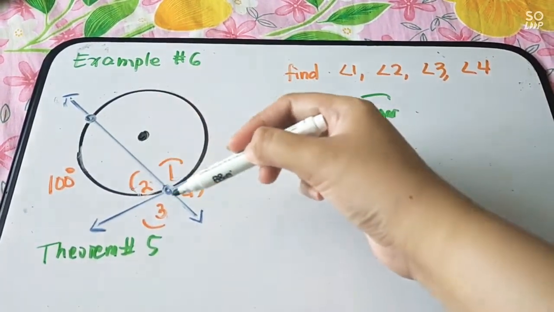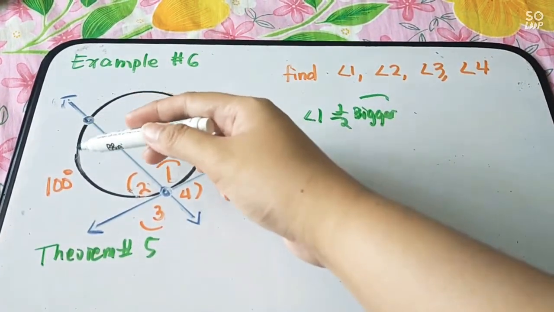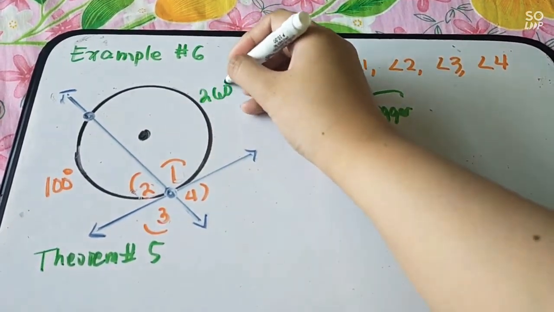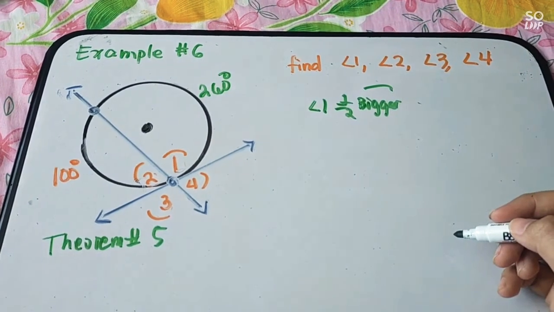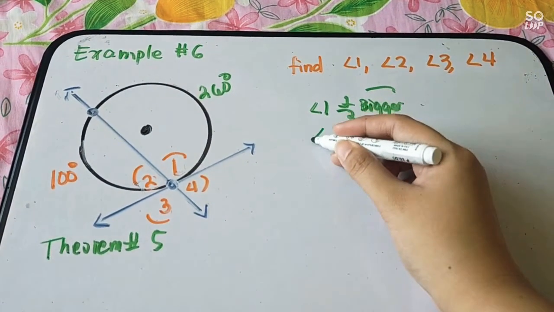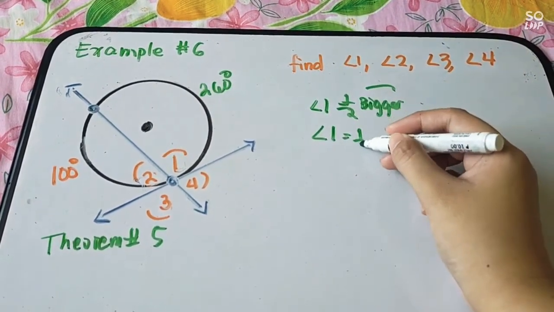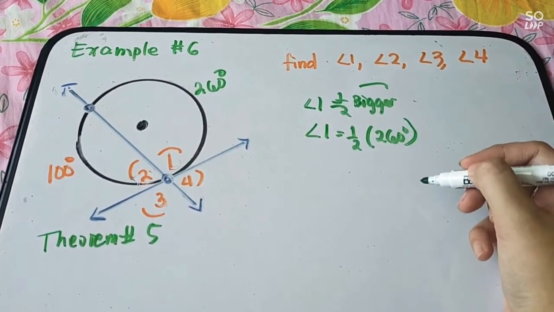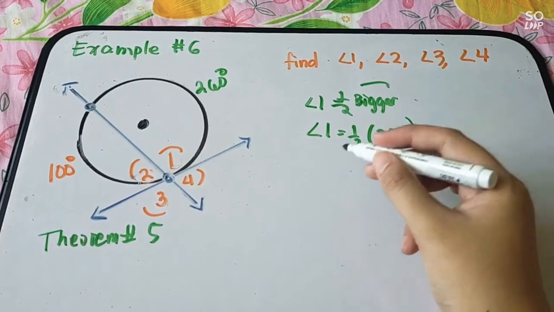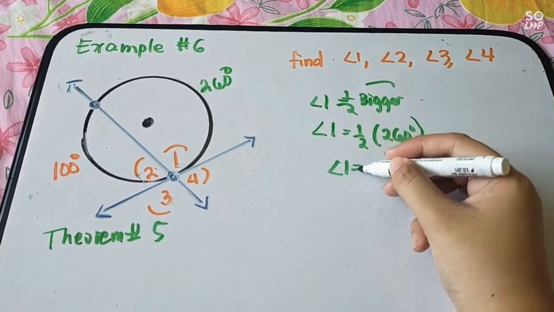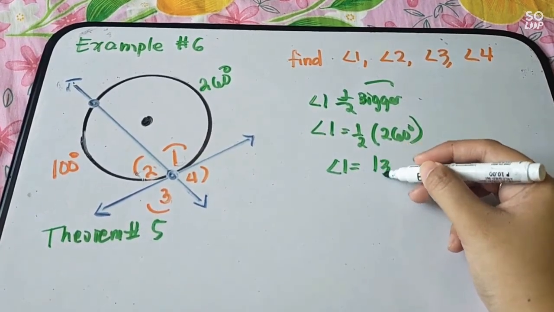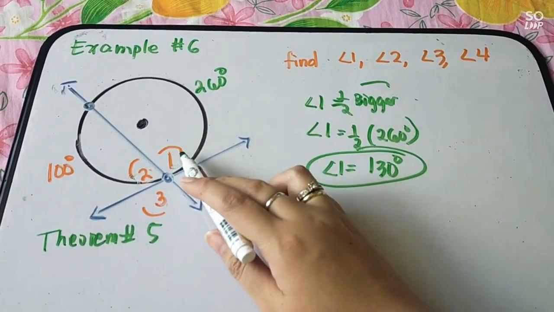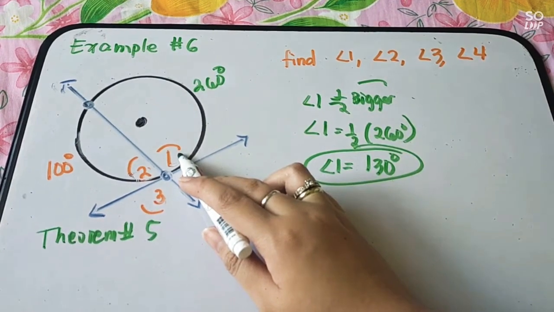So, ang isang bilog ay 360 minus mo dun sa 100. The answer is 260. So, that's the bigger arc. Is it clear? So, therefore, si angle 1 ay equal sa 1/2 ni 260 degrees. So, anong kalahati ni 260 degrees? So, angle 1 is 130 degrees. Yun na yan. So, etong angle 1 mo ay 130 degrees.